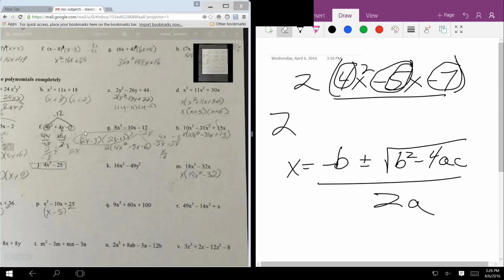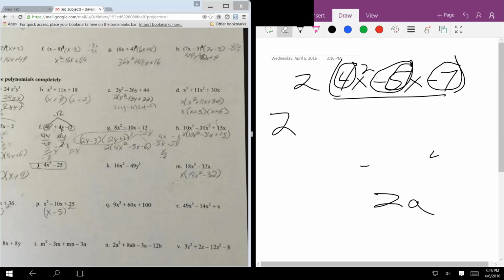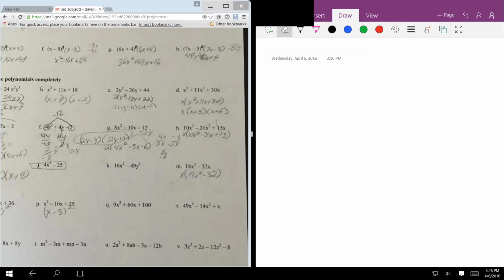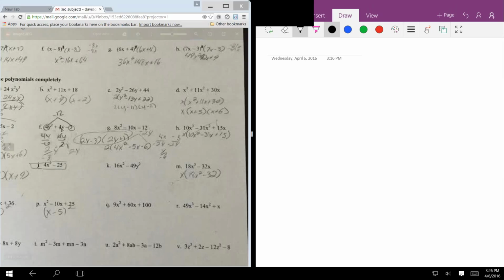Now, it's unlikely that any of these problems are going to require you to use the quadratic formula. Just looking at them, I can tell that they're not. So I don't think you have to worry about the quadratic formula. What you have to worry about is how to factor these. There's no getting around factoring.